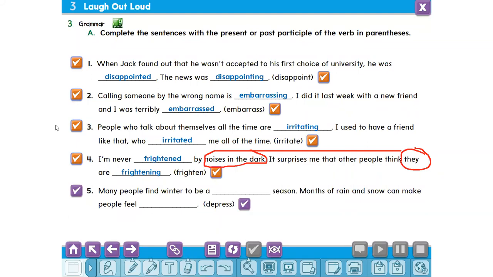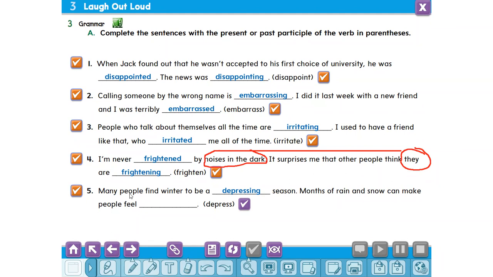Many people find that winter is a depressing season. Here we are going to describe the winter season, so we use ing as you said, because we are describing the season, not people.